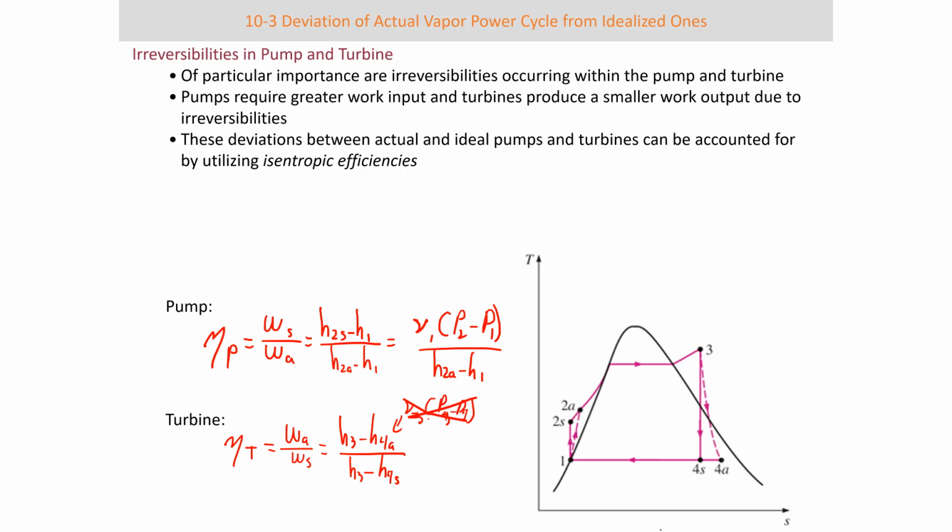That doesn't get replaced because this is a vapor, not a liquid. So I want to make sure that point is clear: that approximation of v delta P is only used for the isentropic pump, not for the isentropic turbine.